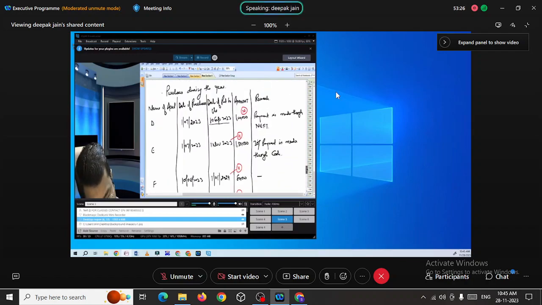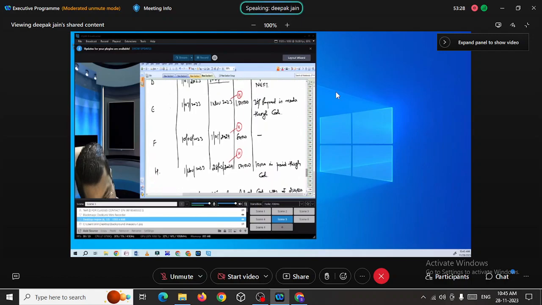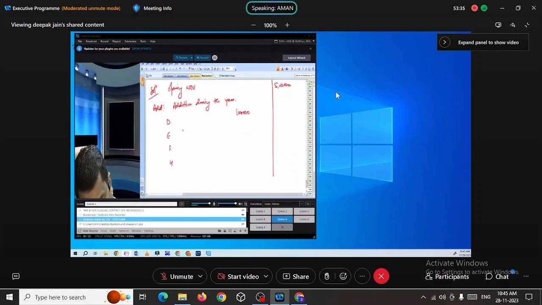E, 30% is made in cash, so 30% means 45,000. 1,50,000 में से 45,000 घटा दें, minus 30% cash, 1,05,000.